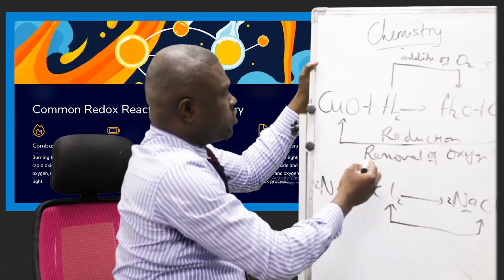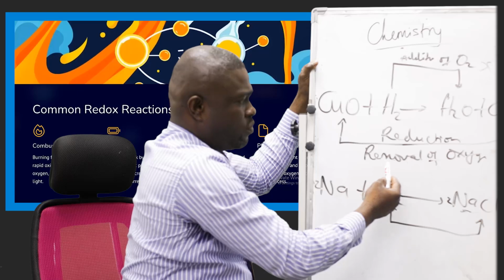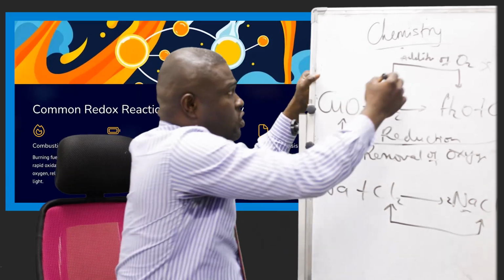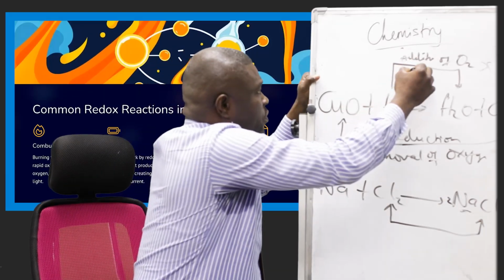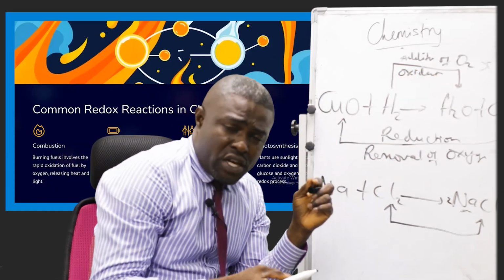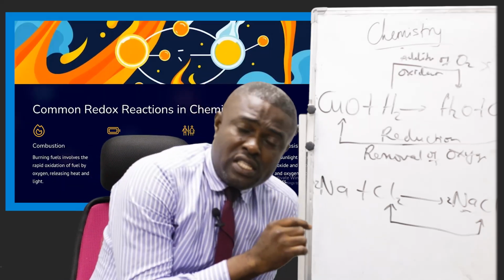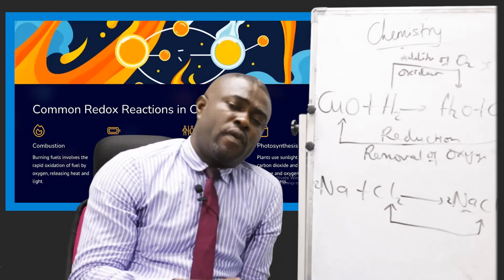While reduction took place from copper 2 oxide to copper because there is removal of oxygen, in the same equation. That shows that the equation is a redox equation, and the reaction taking place in that equation is a redox reaction.